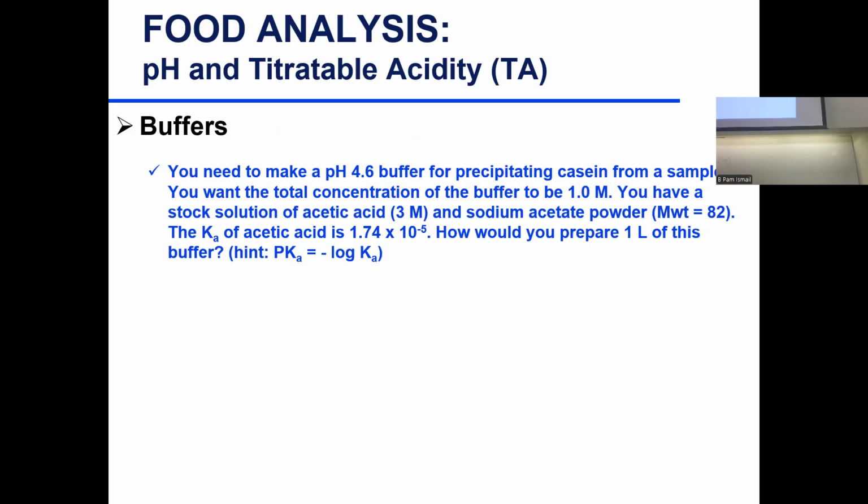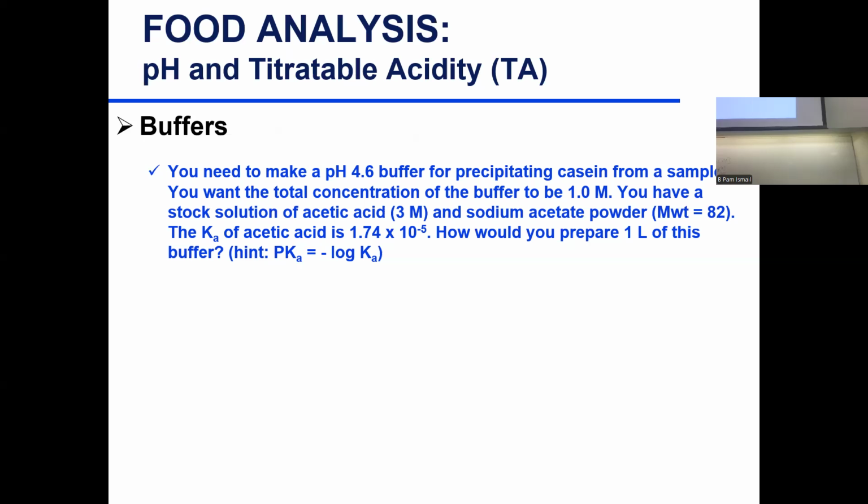So now you have the Ka, so you can calculate pKa, and then you apply the Henderson-Hasselbalch equation: pH equals pKa plus log of A minus over the concentration of the acid. Now I have two unknowns here, A minus and HA. But I have this.